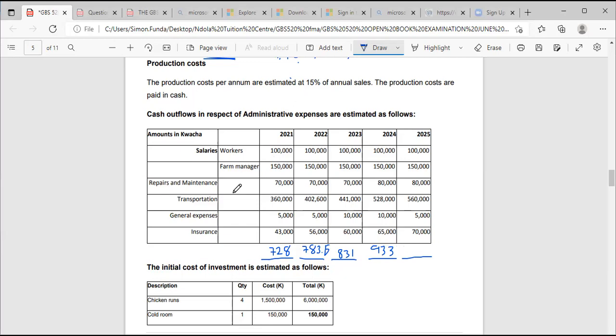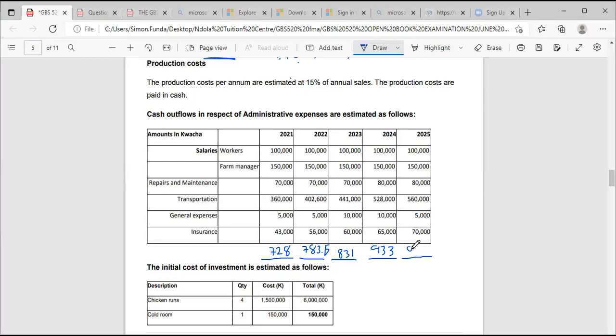The last one in 2025. We have 100 plus 150 plus 80 plus 560 plus 5 plus 70, giving us 965.